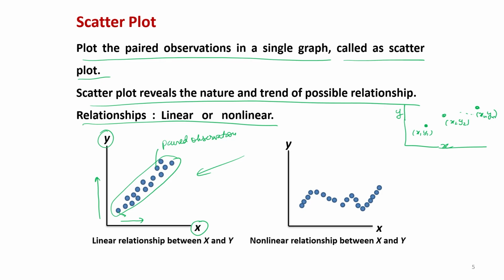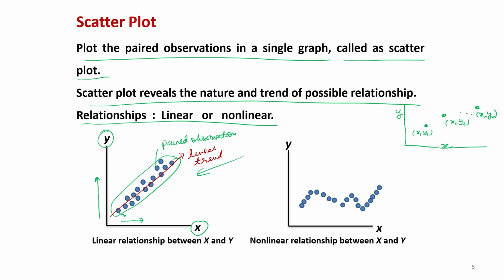That is the first thing. And secondly, you can possibly draw a straight line which passes through the maximum number of points, and the remaining points are as close as possible to the line. So, you can see that there is a linear trend, right.